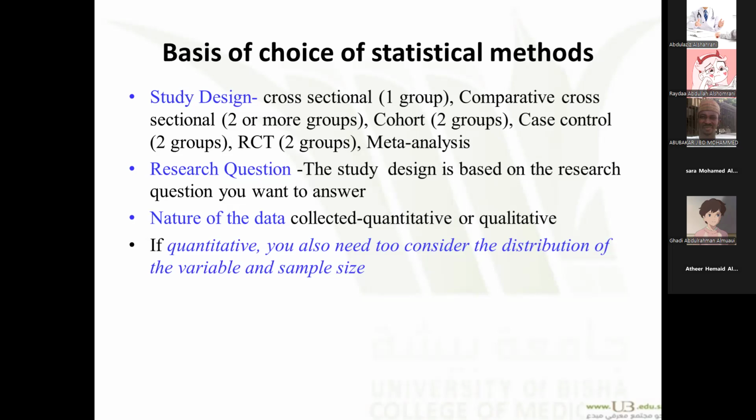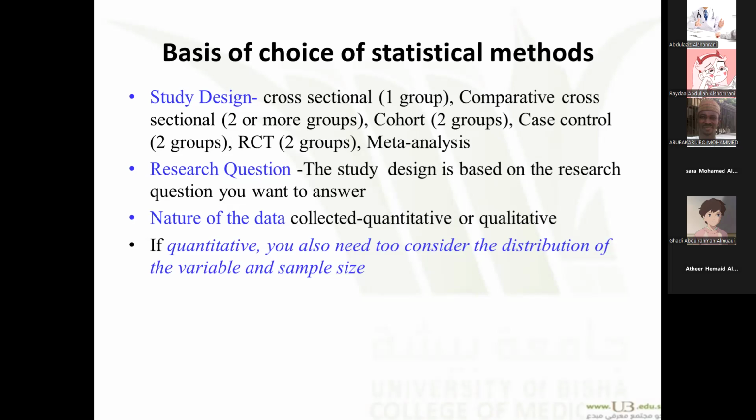Now, the basis of choice of statistical method to use for your research depends on so many factors. One of the factors is study design. The study design determines which statistical method you use to analyze your results. For example, if you're using either a cross-sectional study, or a comparative study, which is also cross-sectional, or you are using a cohort study, or a case control study, or a randomized control trial, or meta-analysis, it depends on the study design.